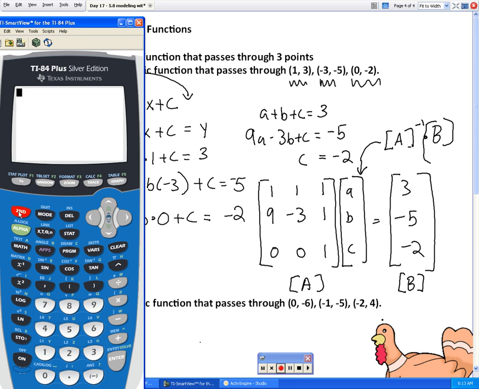Now I'm going to get out of that and go to matrix A inverse, second. Inverse times matrix B.